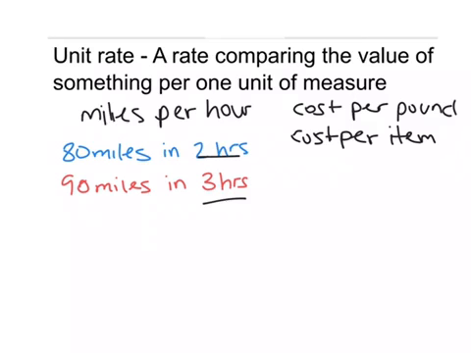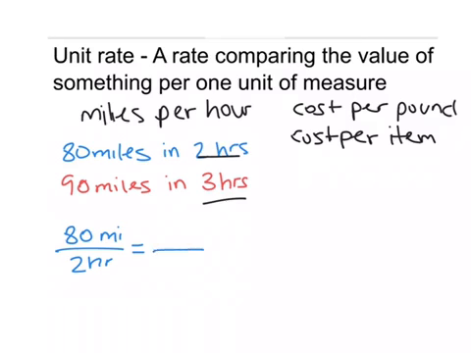So if we had 80 miles in 2 hours, notice now that my rates are being expressed in fractions. And that's going to be very, very common. We're going to use that a lot this unit.